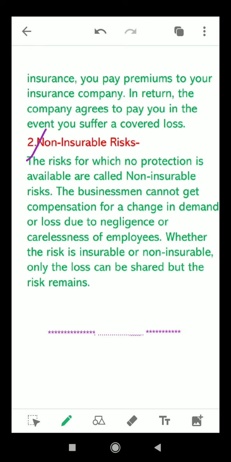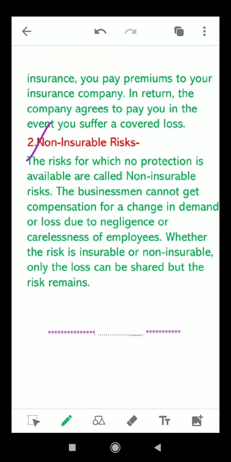And the second type is non-insurable risks. The risks for which no protection is available are called non-insurable risks. The businessman cannot get compensation for a change in demand or loss due to negligence or carelessness of employees. Whether the risk is insurable or non-insurable, only the loss can be shared, but the risks remain. See, non-insurable risk is a risk for which no protection is available.